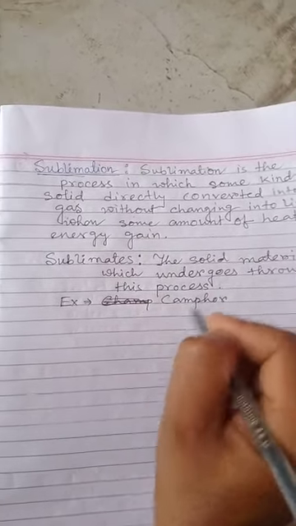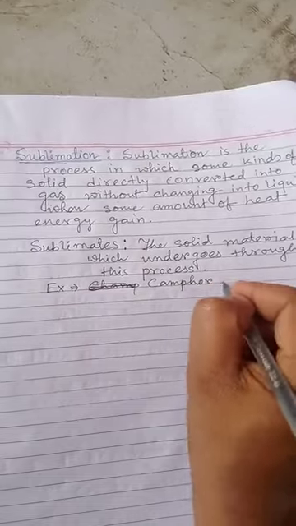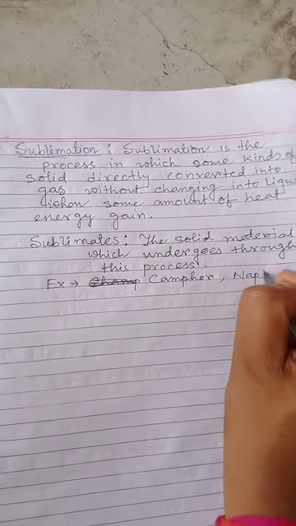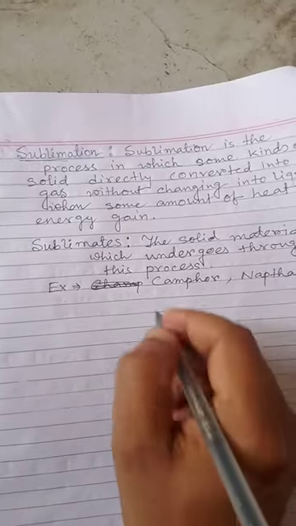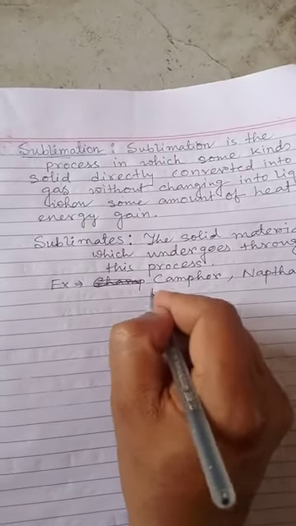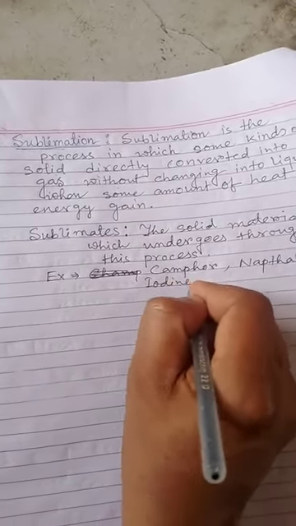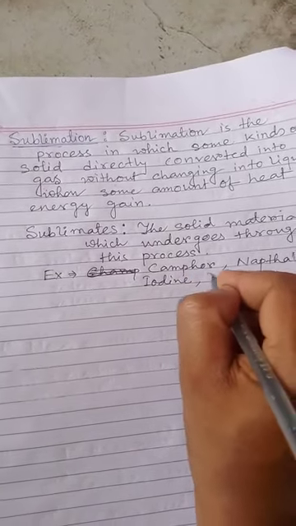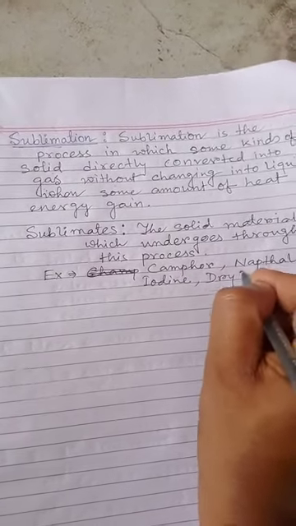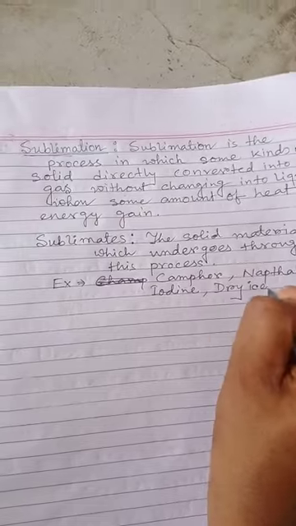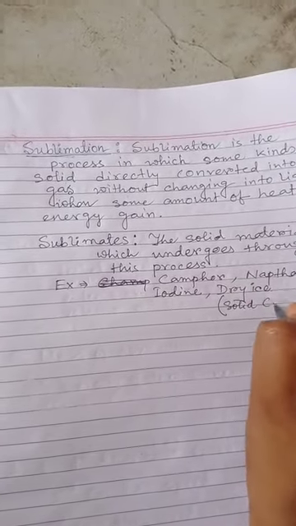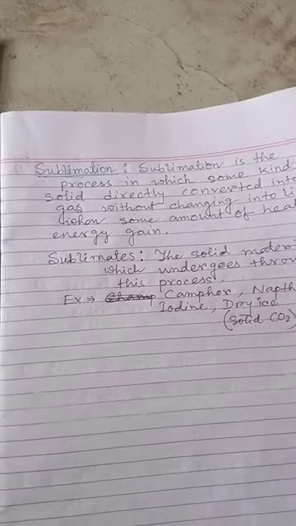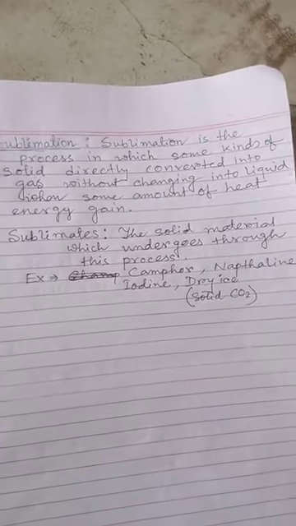camphor, naphthalene, iodine, and dry ice. Dry ice means solid carbon dioxide, solid CO2. This is called dry ice. Okay.